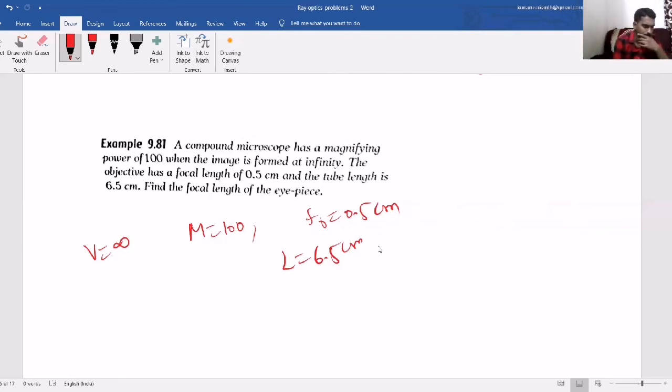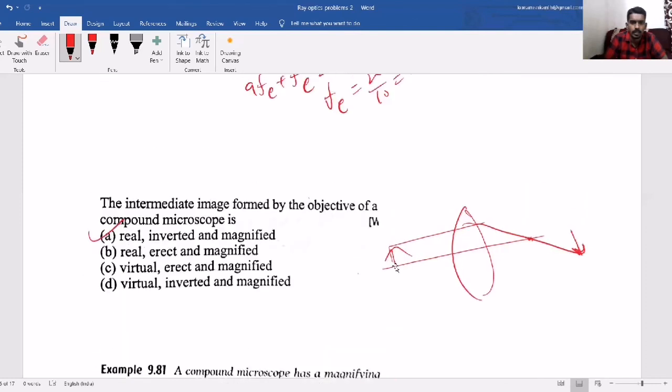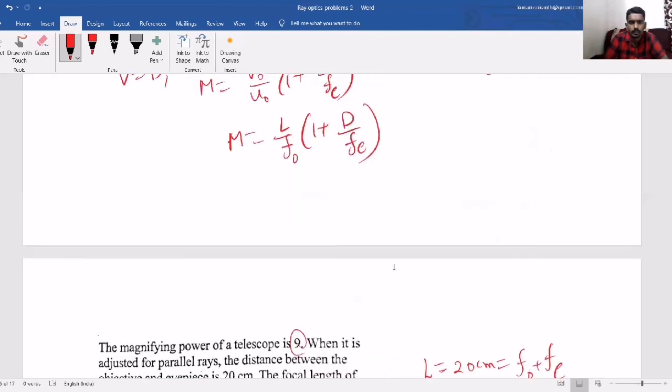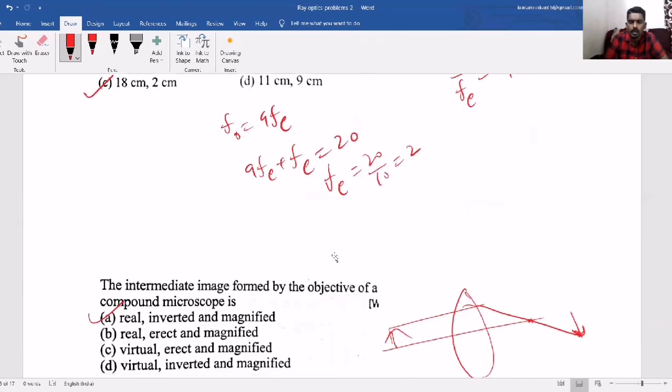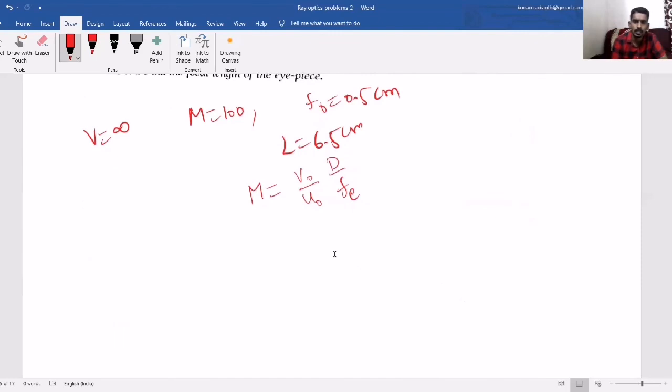So when they give the length of the tube, what you have to do? The magnification formula at V equal to infinity is V0 by U0 into D by Fe, where just before, in terms of length, I took the formula L by F0. The same formula you can apply here: M equal to L by F0 into D by Fe.